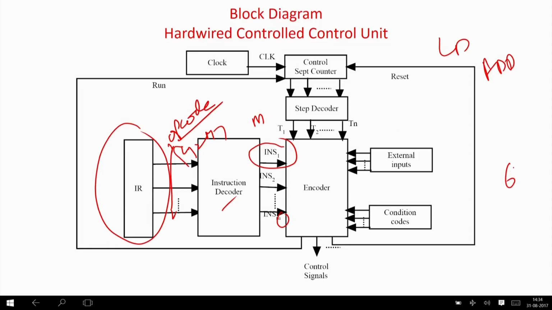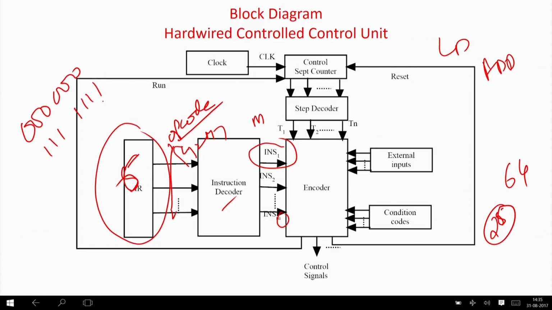For example, if there are 64 instructions possible, 2 to the power 5 is 32, 2 to the power 6 is 64. So, sorry, it is a 6 bit input. You can generate all the numbers from 0 to 2 to the power 6 minus 1, from 0 0 0 0 0 0 to all ones.